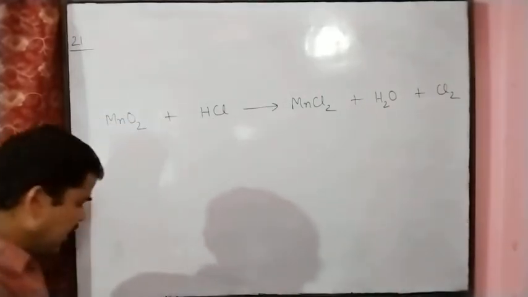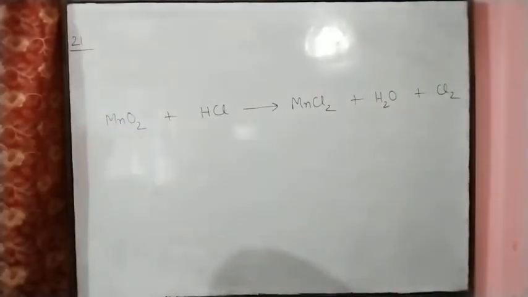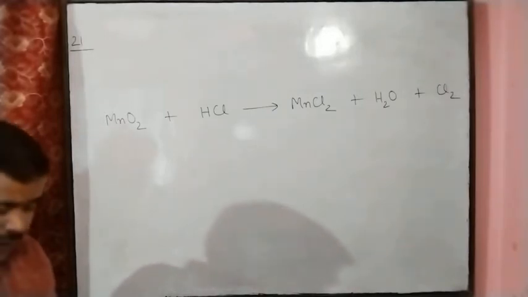So here manganese dioxide reacts with hydrochloric acid. This gives manganese chloride, water and chlorine.